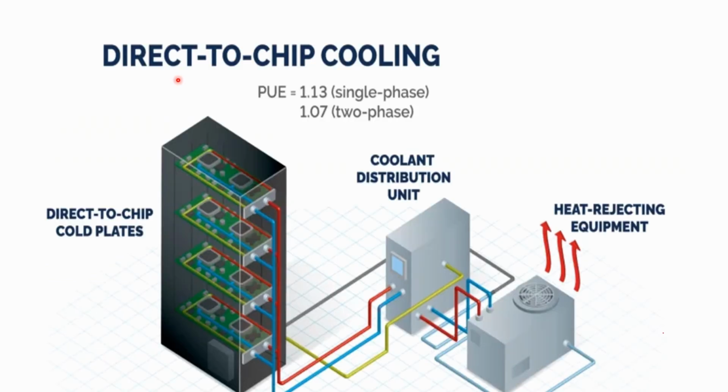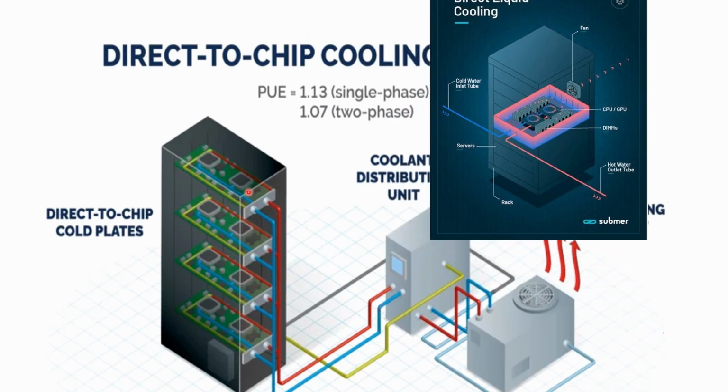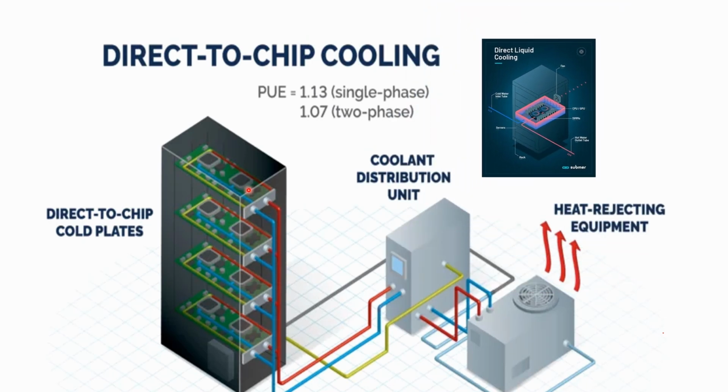So the first one is direct to chip cooling. Direct to chip cooling is the most commonly used liquid cooling method today. In this approach, cold plates are directly mounted on the servers, GPUs, or CPUs inside the racks.